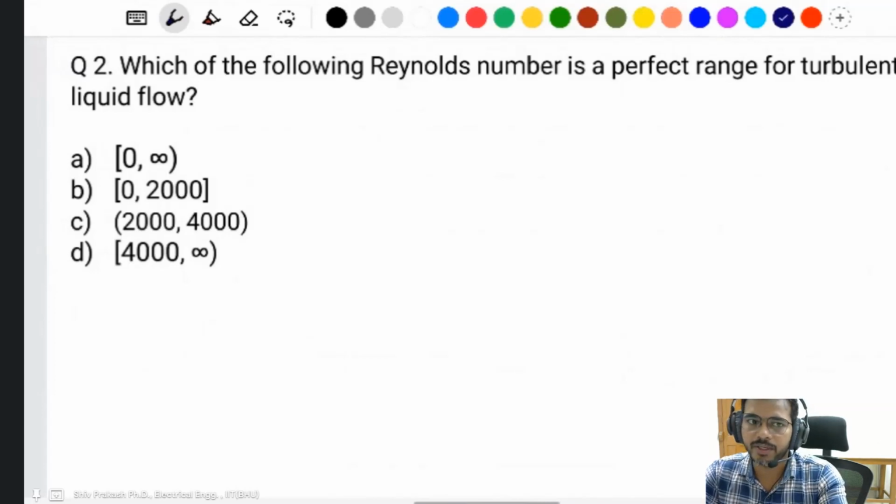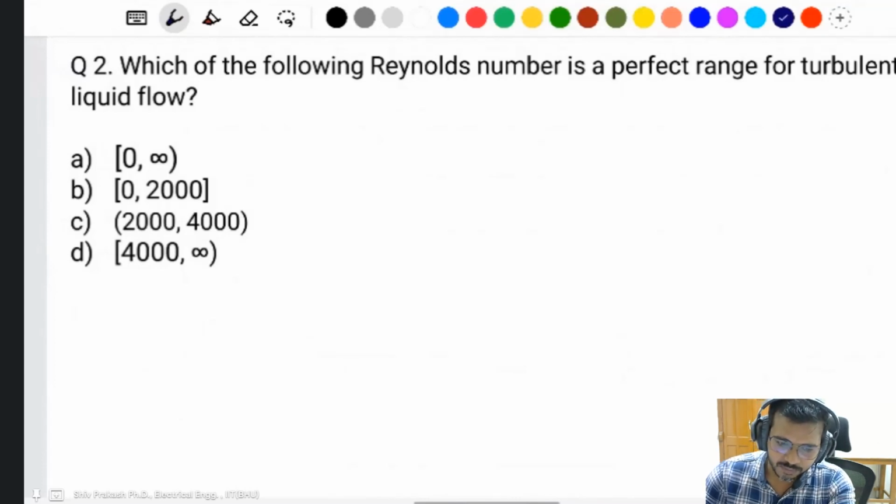If the Reynolds number is less than 2000, it will be a laminar flow of water. The options given are 0 to infinity, 0 to 2000, 2000 to 4000, and above 4000.